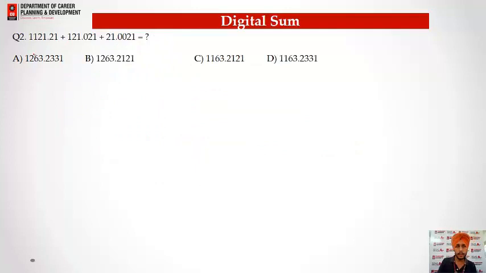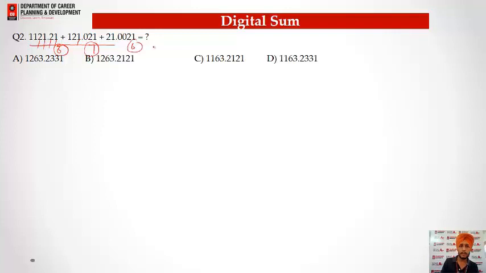So let's check another example. Here we have a simple question on the basis of digital sum. So what will be the digital sum of this particular number, that is 1 plus 1, 2, 4, 5, 7, 8, 2 plus 1, 3, 4, 6 and 7. 2 plus 1, 3 plus 2, 5 plus 1, 6.